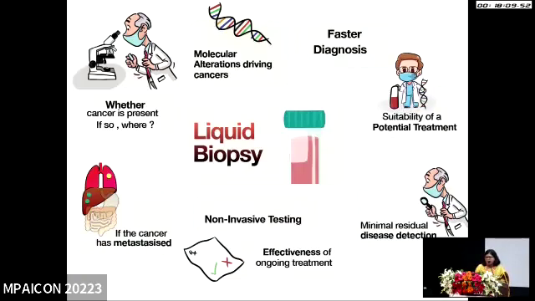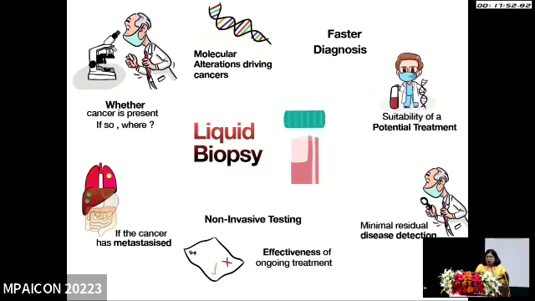So the different applications, to make it very simple, as Dr. Monzan had very beautifully elaborated this morning: it is useful in screening, also to find out whether cancer is present. The traditional gold standard is, of course, tissue biopsy.